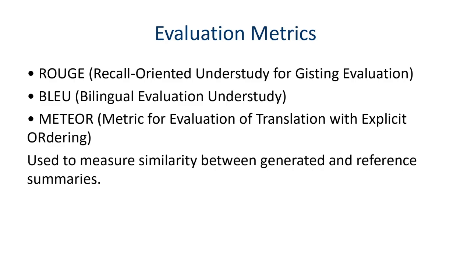BLEU and METEOR, on the other hand, were originally used in translation. These assess how similar the generated output is to the expected text. These metrics are critical because they give an objective way to evaluate summarization models and ensure they produce meaningful results.